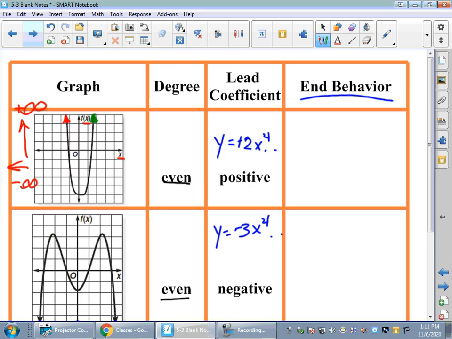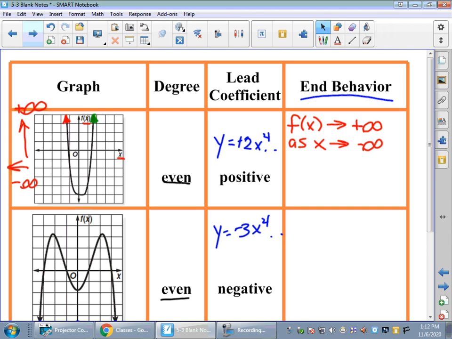That's really what you're saying. So to describe that arrowhead, this is how it's going to look. F of x, the graph, approaches positive infinity as x approaches negative infinity. I'm going up and to the left. The smaller my x value gets, the higher my y value gets. That's basically what you're saying with that arrow.